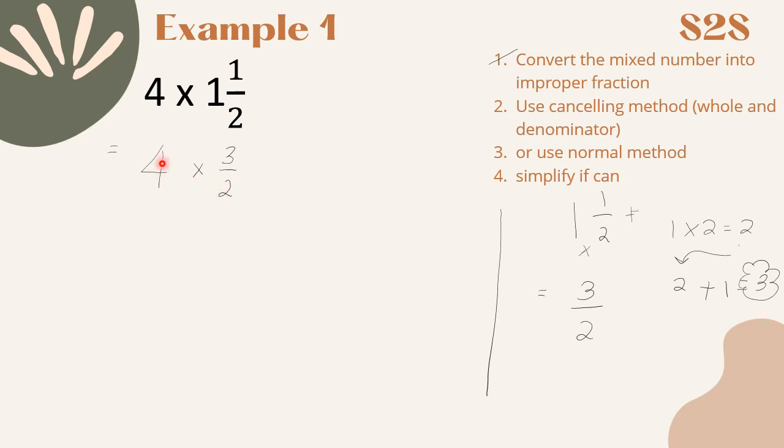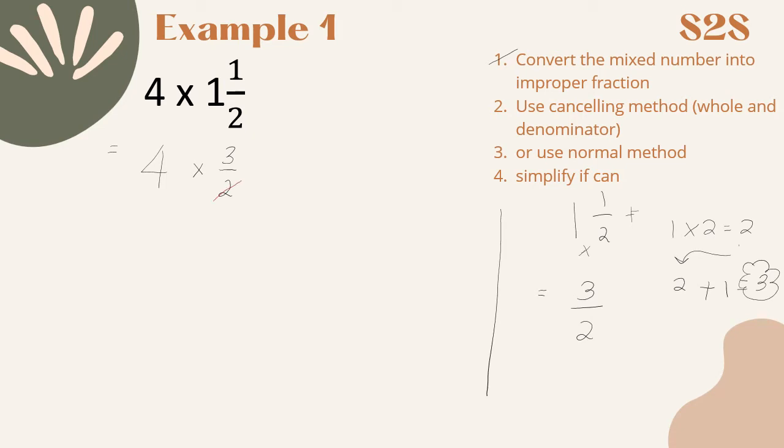If you cannot recall what the cancelling method is, you can rewatch my previous video lesson on that last week. So we're dealing with the whole number and the denominator. Is there a common factor between 4 and 2? Obviously there is. So we divide 4 by 2 and 2 by 2.